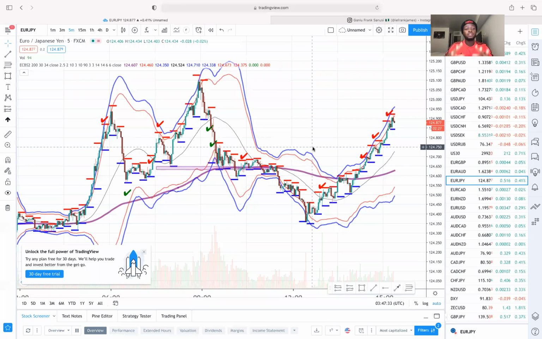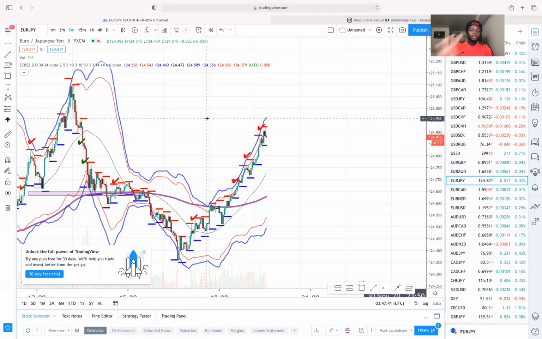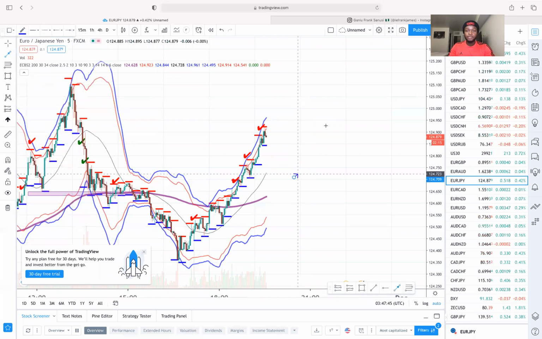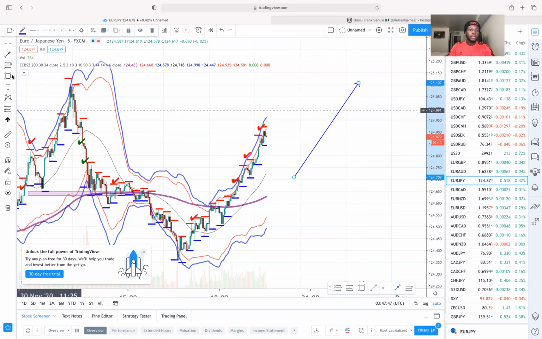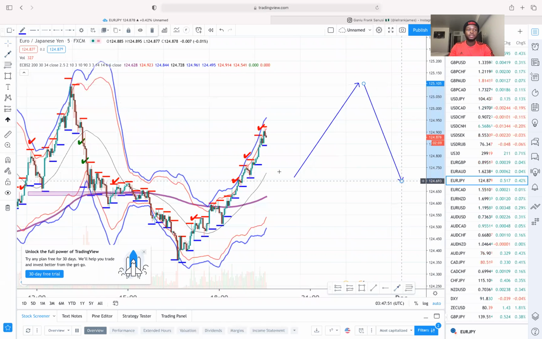The market actually moves in three different directions. The market is either going to be trending to the upside, that's one direction. The second one is to the downside, called a downtrend. And the last one is not really a trend. It's a sideways movement where the market is not trending up or down.